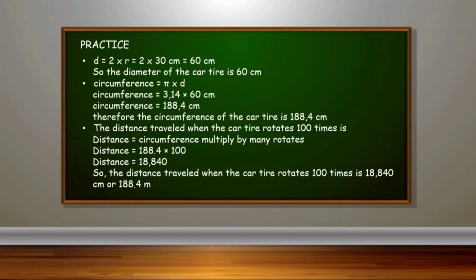Therefore, distance equals 18,840. So the distance traveled when the car tire rotates 100 times is 18,840 centimeters or 188.4 meters.